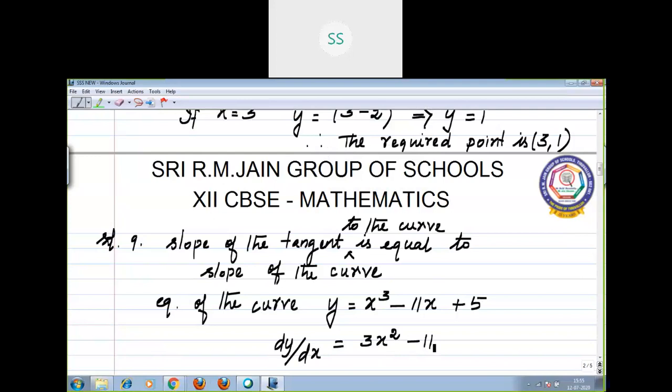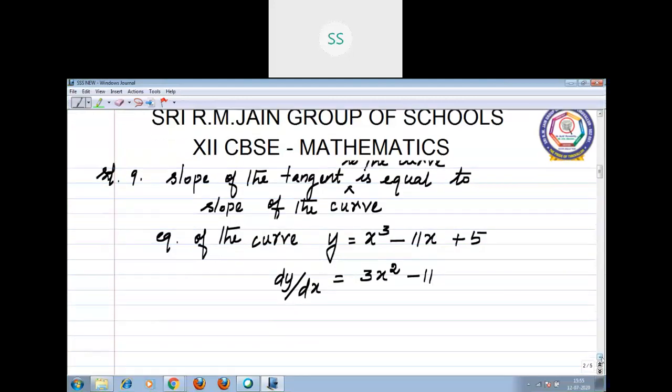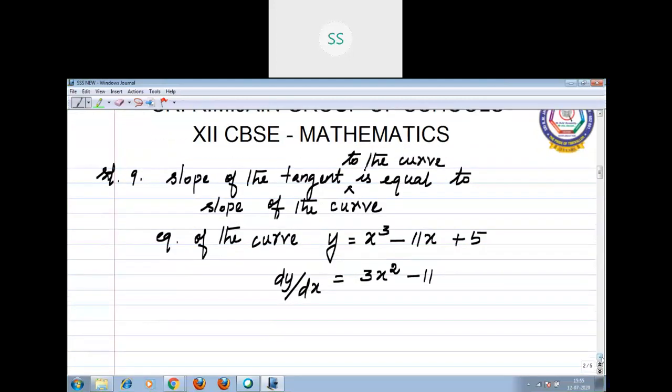Then it is given that the tangent is y equal to x minus 11. Here how to find the slope? Y is equal to x minus 11, right? That is the tangent equation.